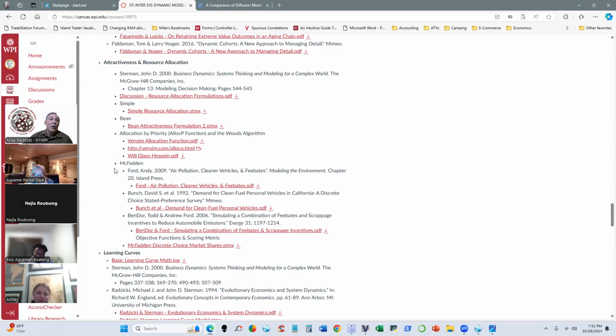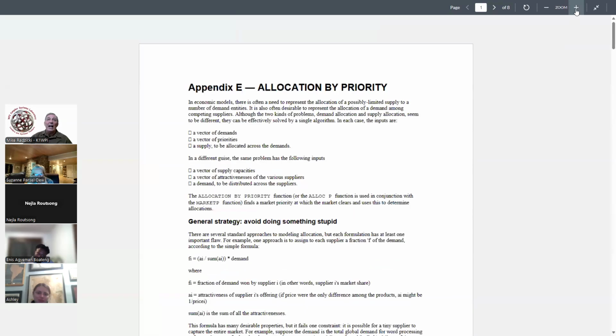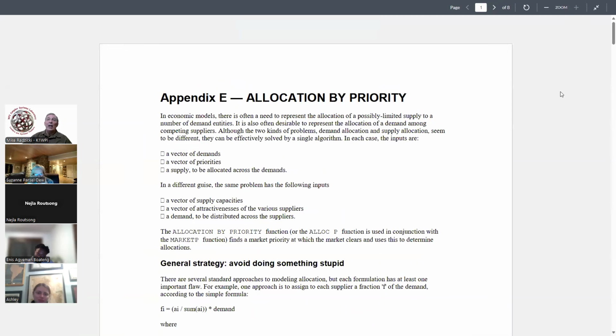And Andy Ford and George Backus, who advocated the McFadden approach. We've already looked at McFadden. We'll reiterate that. So basically, if we go to Vensim's allocation function here, they call it alloc-P. So in Vensim, it's called alloc-P, allocation by priority.